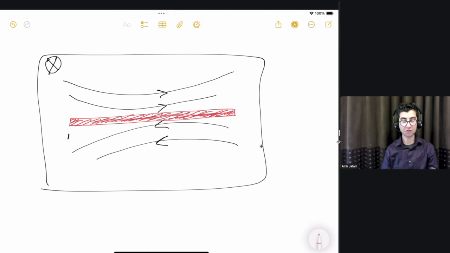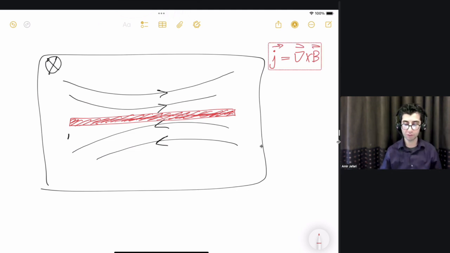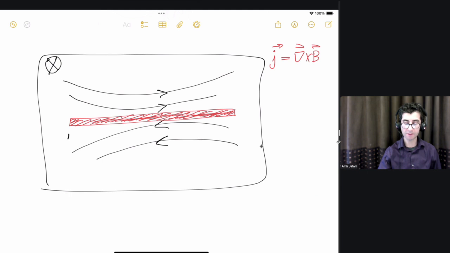So you have a strong shear in this region, and when you have shear, it means that you have a strong electric current for magnetic field. When you have strong shear, it means that the curl of the magnetic field, in general the derivative of magnetic field with respect to position, is strong. So in this region, you have a strong electric current.